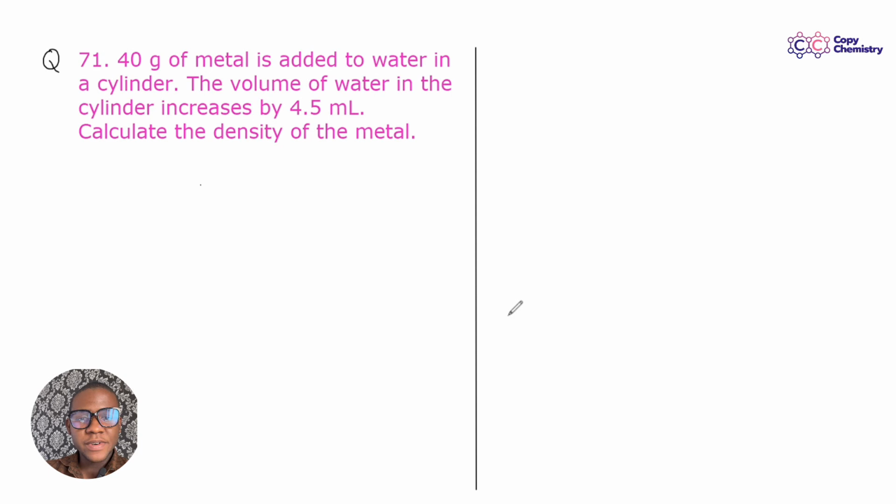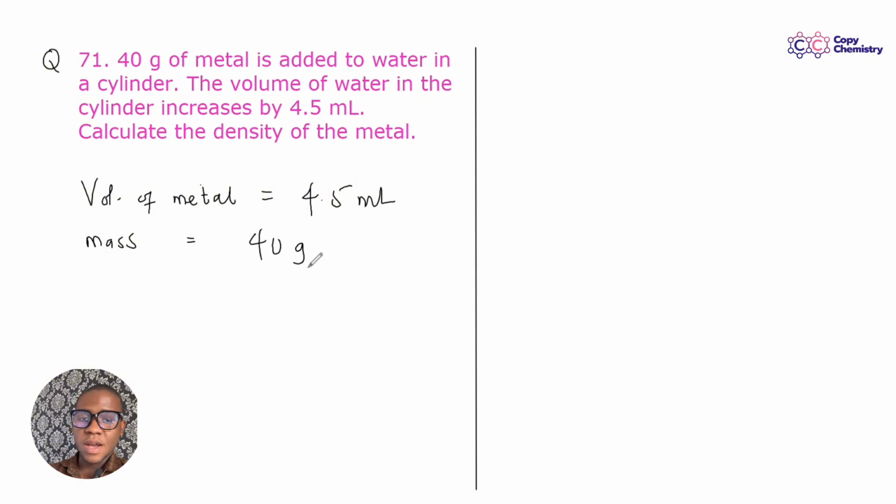Meaning that the 4.5 mL, which is the change in volume, is basically the volume of the thing you dropped into the water, which is the volume of the metal. So that's how we've been able to justify that the volume of the metal is equal to 4.5 mL and the mass of the metal is equal to 40 grams.